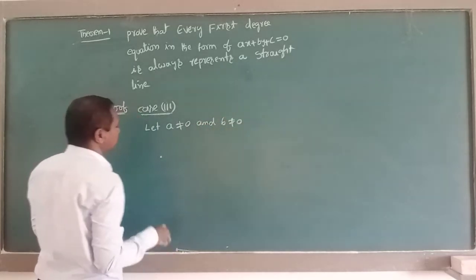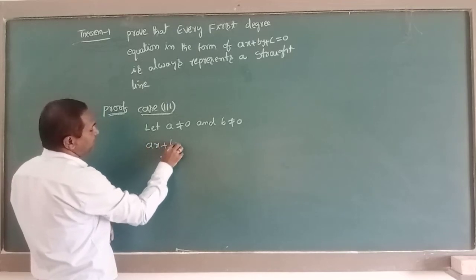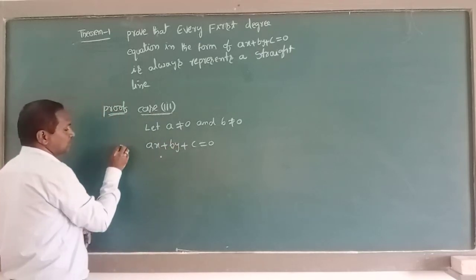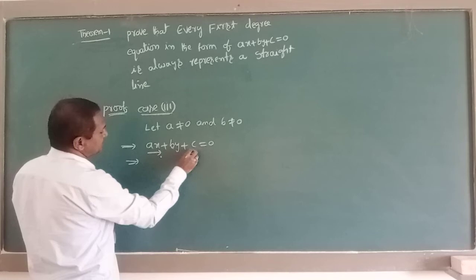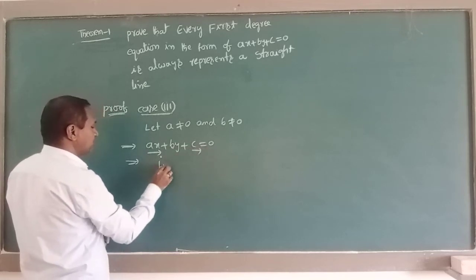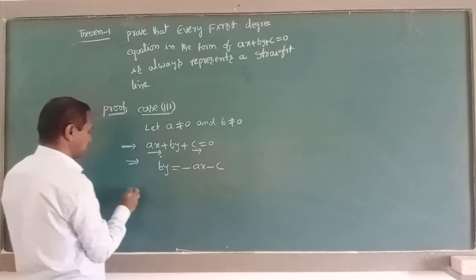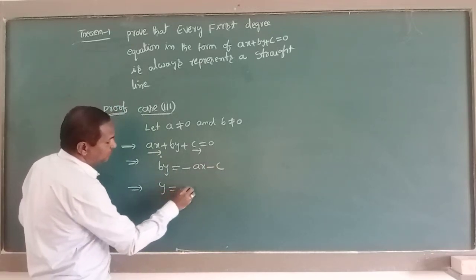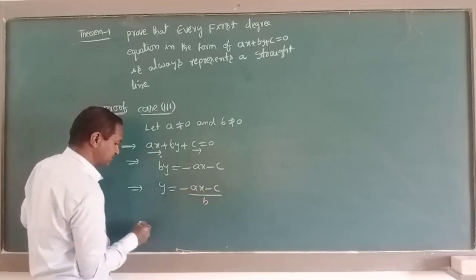Both are not equal to zero. That is, ax plus by plus c is equal to 0 here. That implies we send ax and c to that side. by is equal to minus ax minus c. Y is equal to minus ax minus c, whole divided by b.